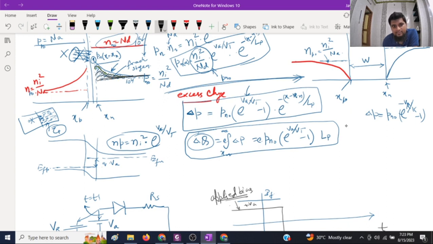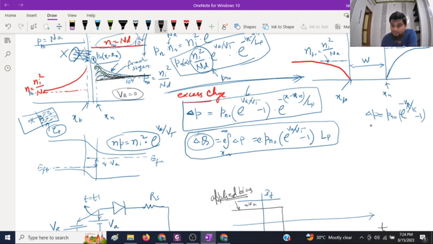Ultimately, it will follow the same line, Np0, sorry, Pn0, right? So that will become the equilibrium stage when VA is equal to 0. But still, this is not the reverse bias.